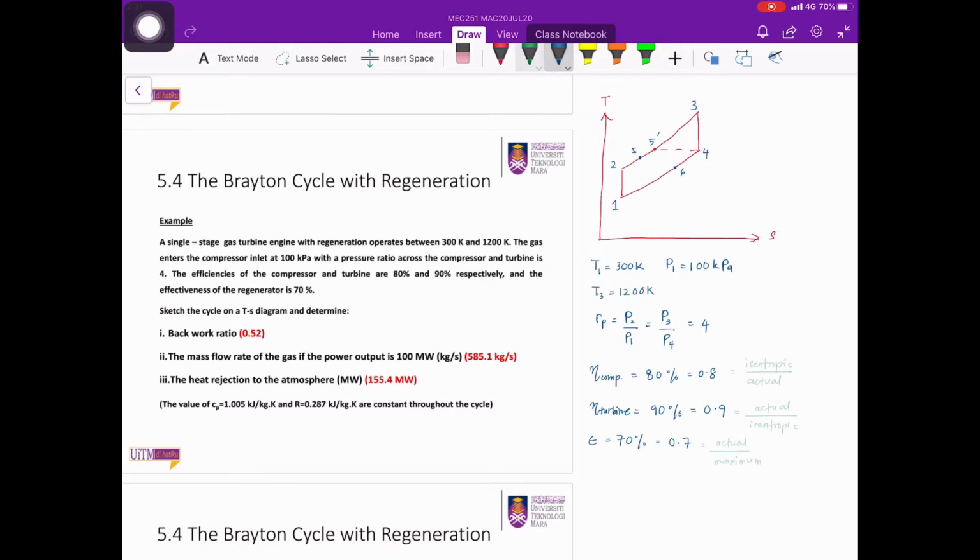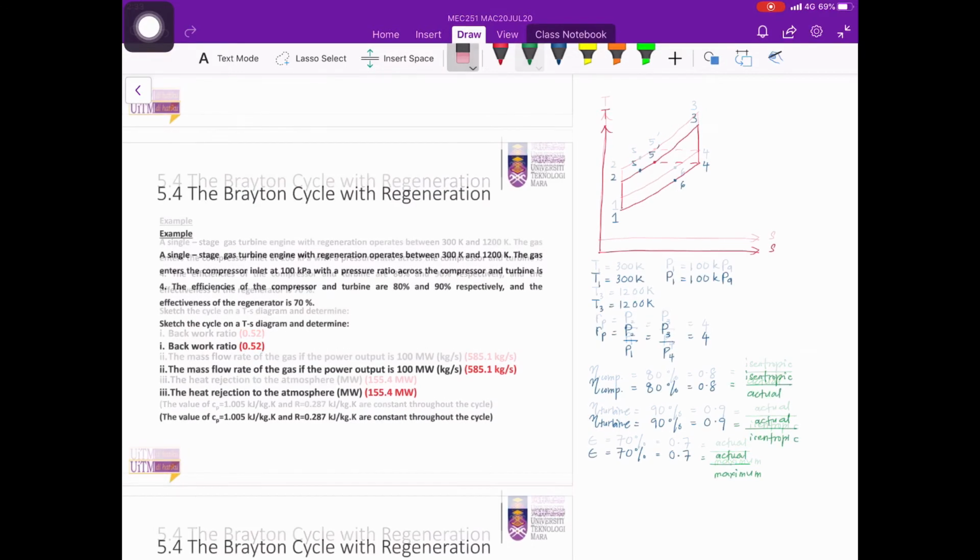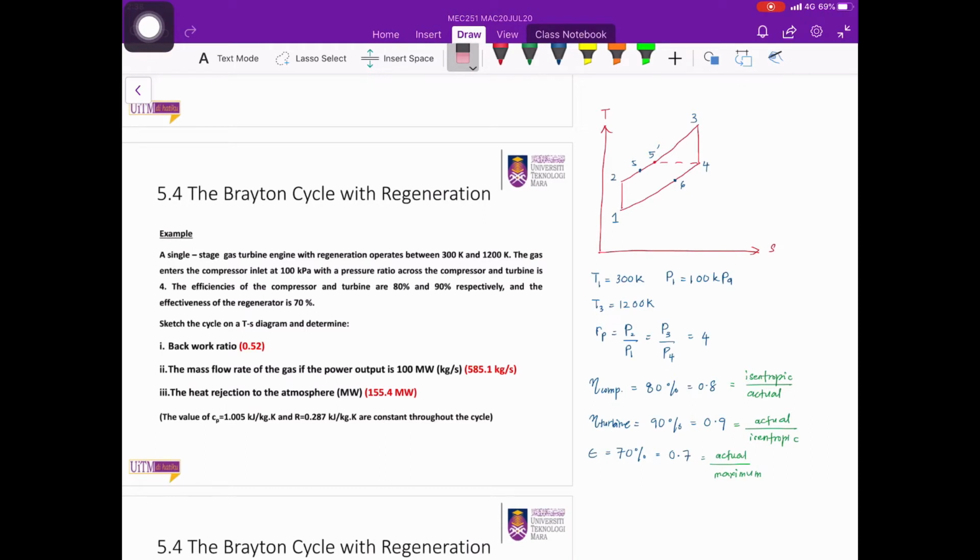70%. Please ensure that you know how to find the isentropic efficiency for the compressor and turbine and also the effectiveness for the regenerator. Also, please ensure that you know what actually happens during these processes.